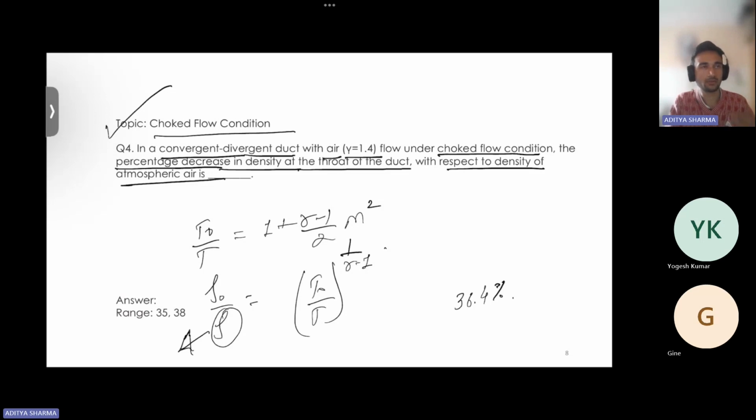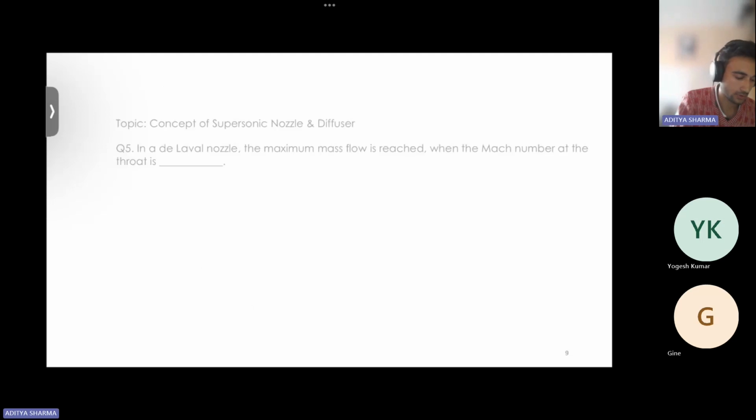What we did in this question was use one of the three isentropic relations, and then we used M as one in it, as Yogesh also pointed out. And then we moved forward to solve this in this session. Okay, so let's see our next question then.